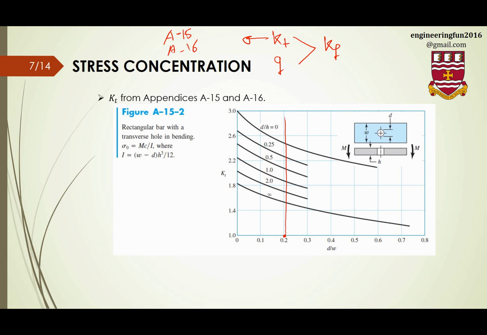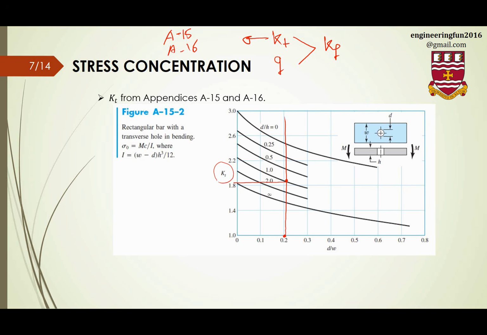And this one is d over h, diameter of the hole over the thickness or depth. So if that is, for example, 1, if d equals h, we're going to report this number, which is almost 1.85, as our KT, theoretical stress concentration.